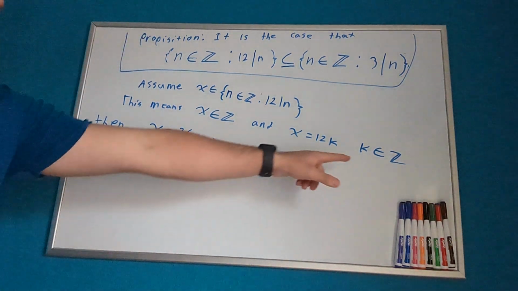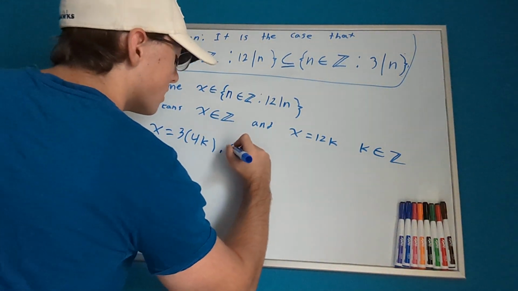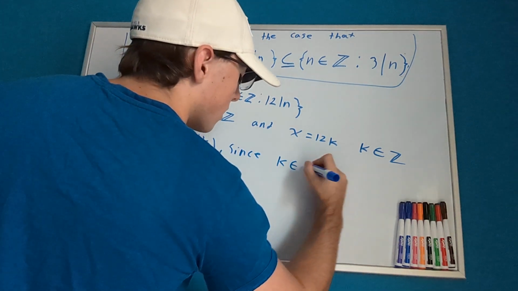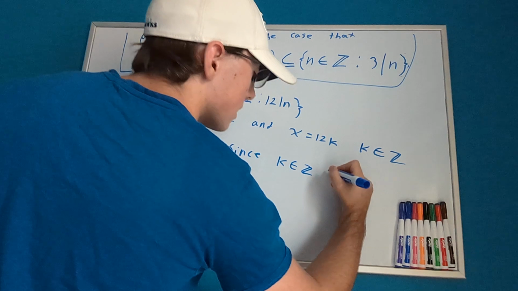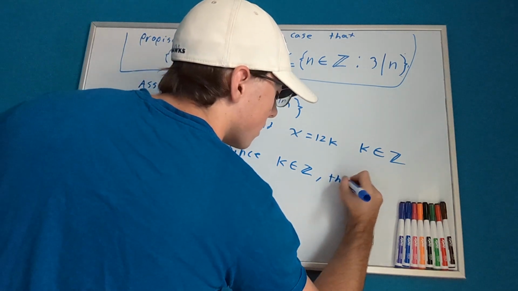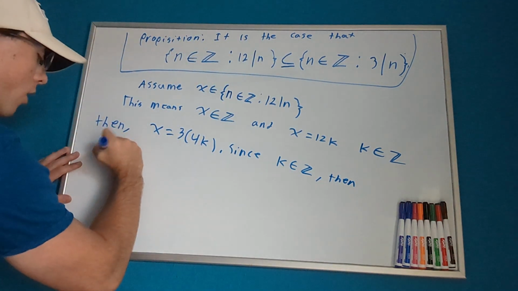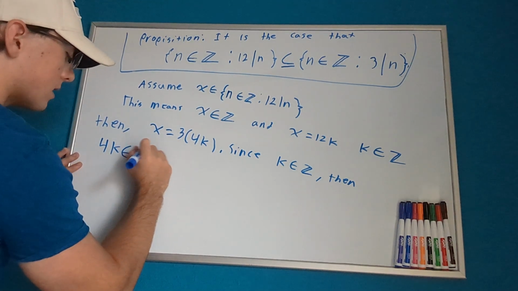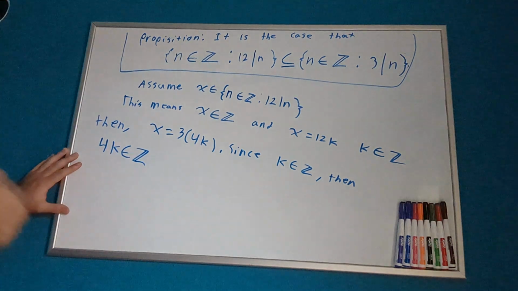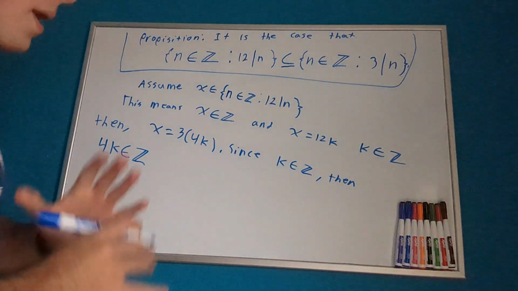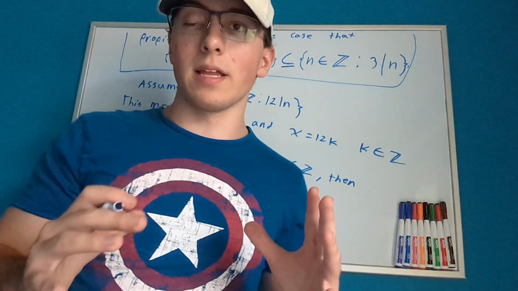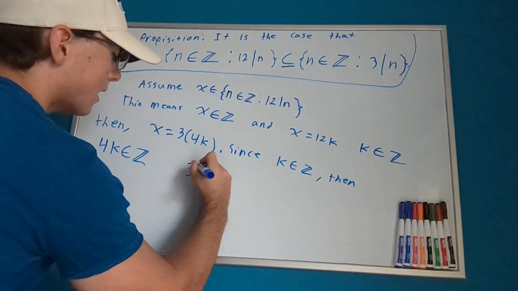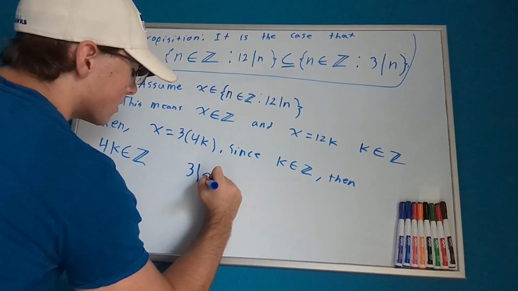Now, since k is inside the integers, then 4k is also inside the integers. All right, then from here, by the definition of divisibility, we can then say that 3 divides x, right?